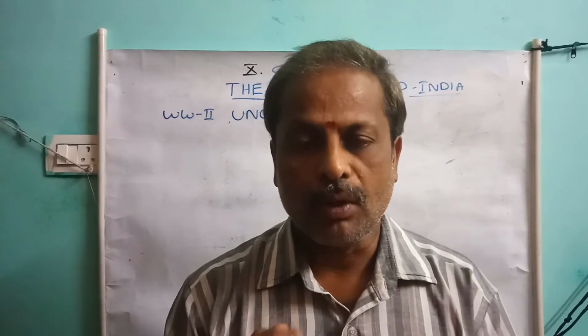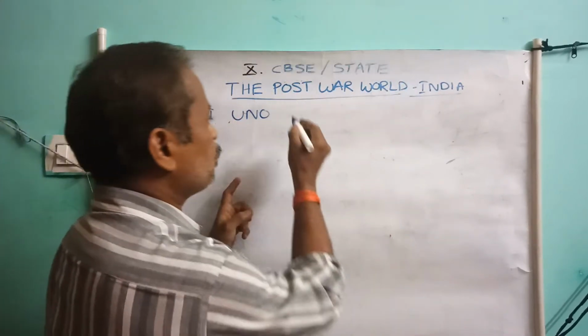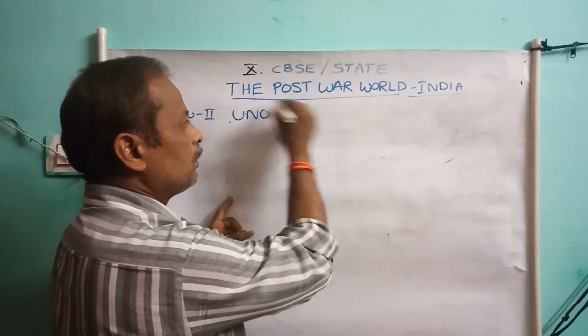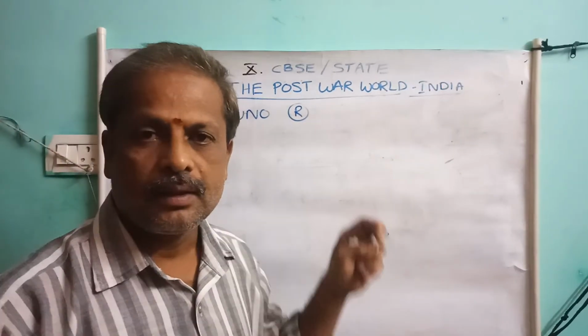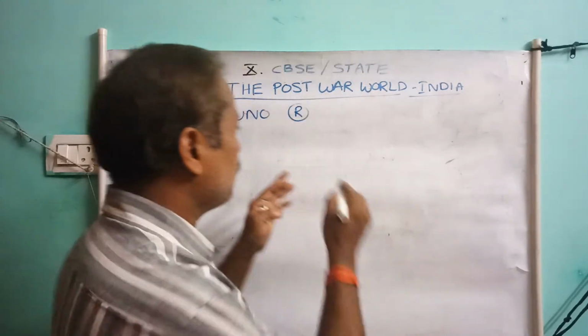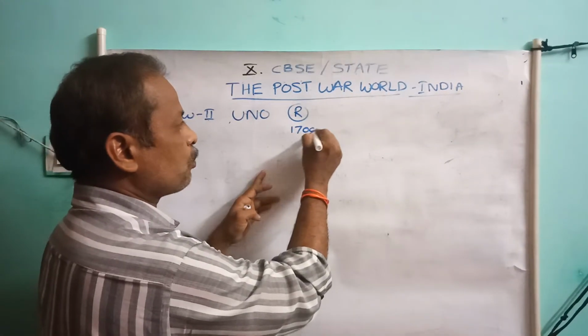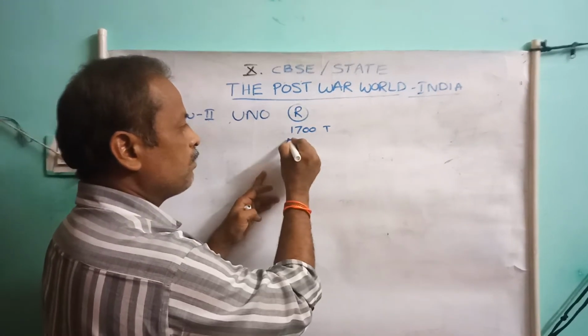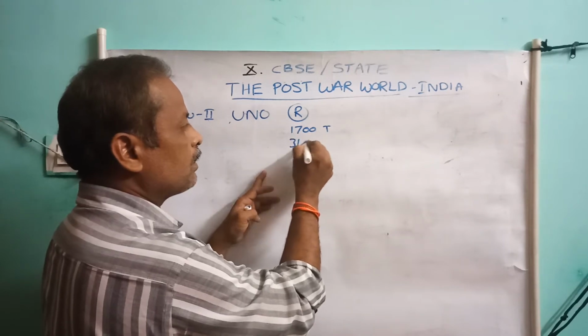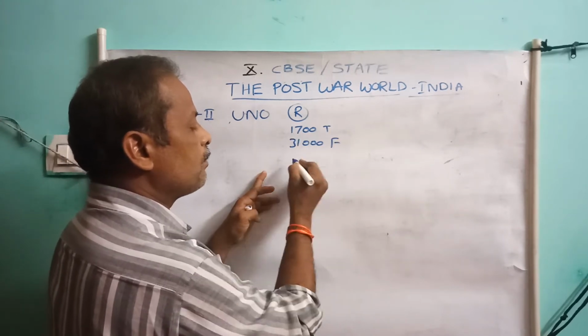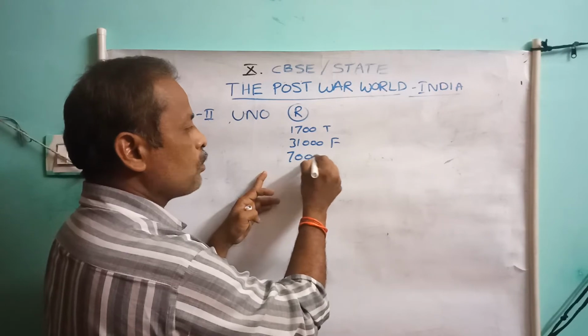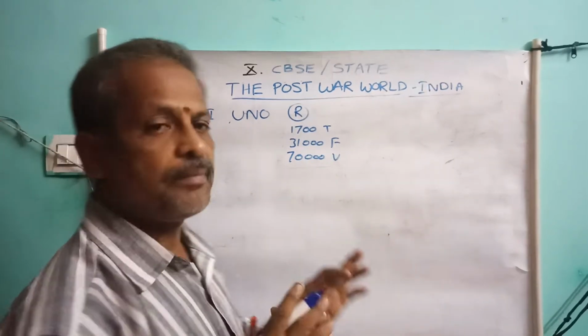different countries. To give an example of World War II destruction, suppose we take Russia. In Russia alone, nearly 1700 towns were destroyed. In the same way, 31,000 factories and 70,000 villages were destroyed.